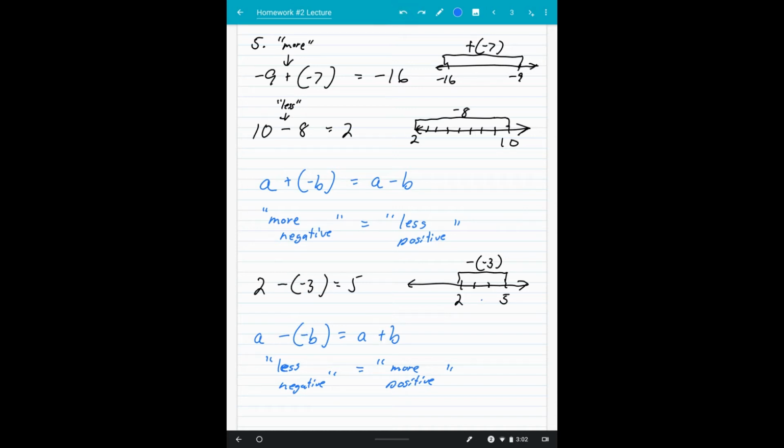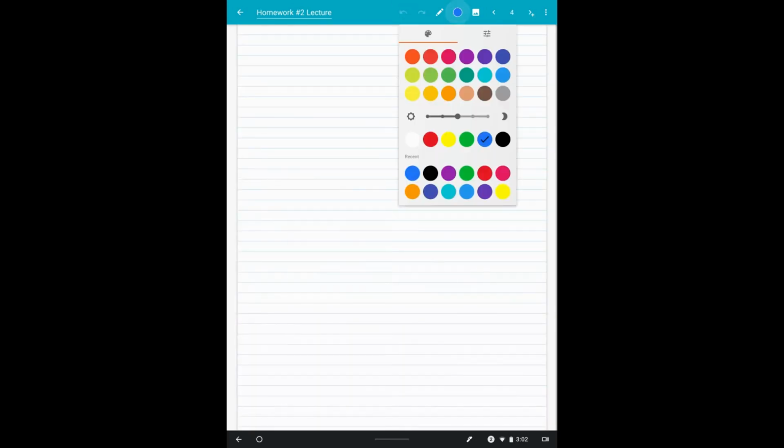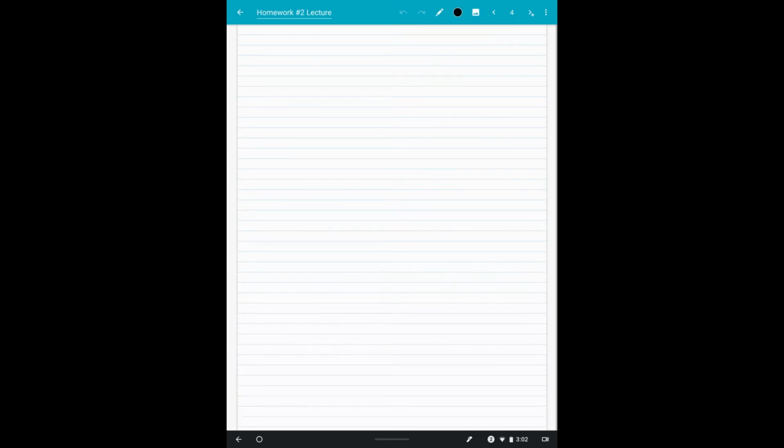So let me demonstrate this on a couple of problems. And I'll write the theorems up here. A plus negative b is equal to a minus b. A minus negative b is equal to a plus b. All right, so let's look at number 6 from the homework.